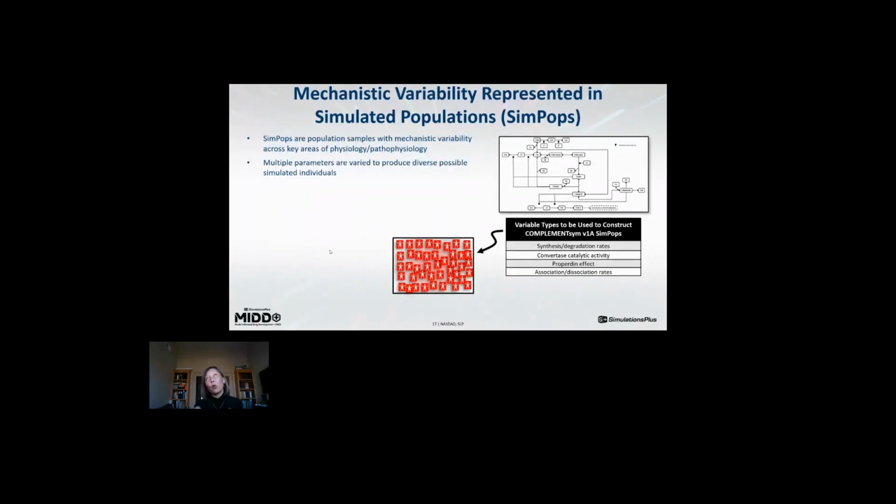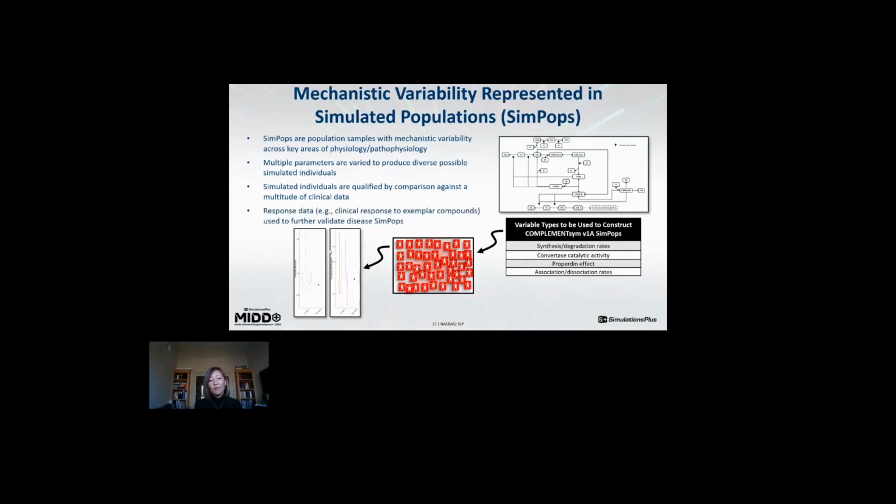We impose that, and then we generate alternate simulated individuals. And then we can evaluate those individuals against the clinical data. And in the instance where we're going through the same exercise but creating diseased individuals, we can also evaluate relative to therapeutic response for the treatments that we're adding in.